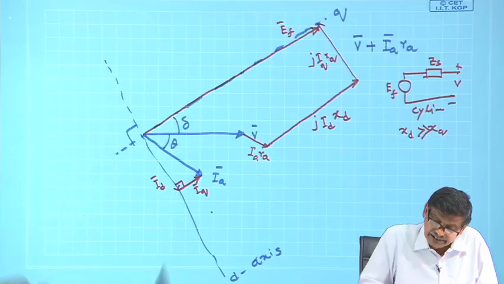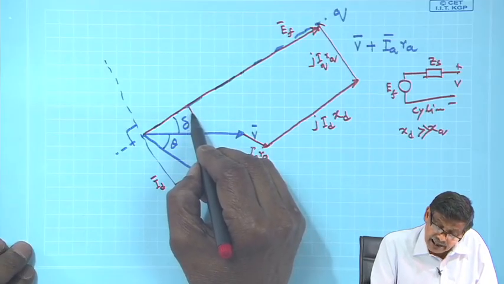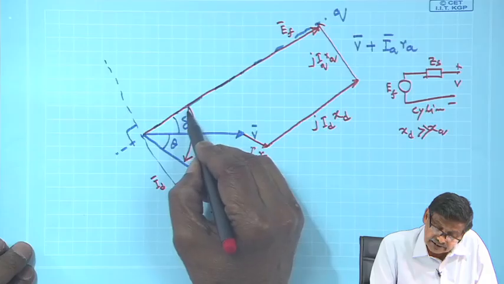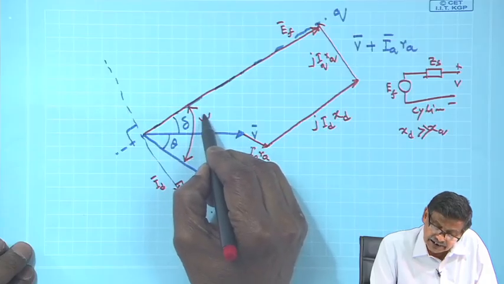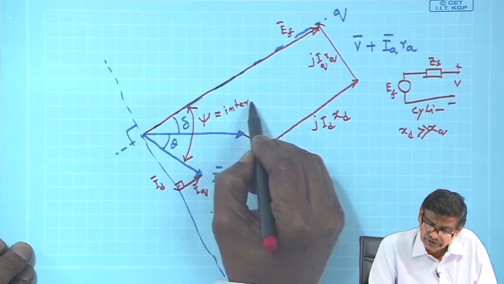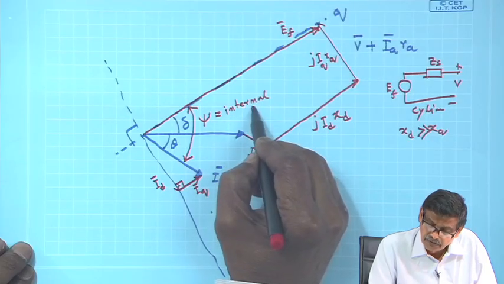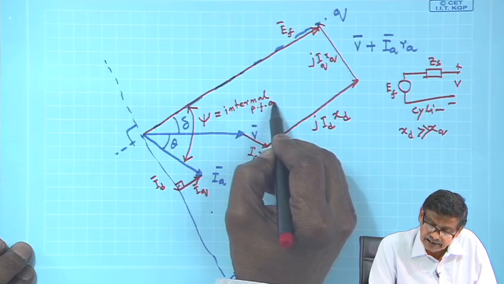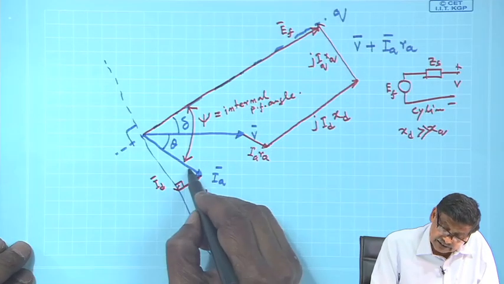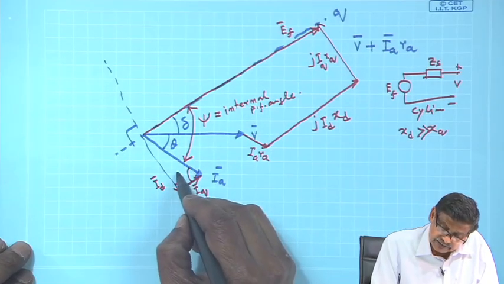So, this angle between E f and I A is called the internal power factor angle psi. If this is psi, this is also psi.